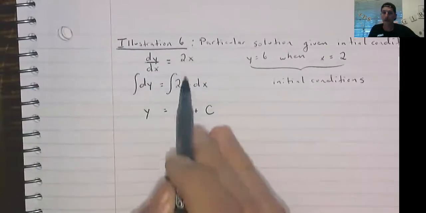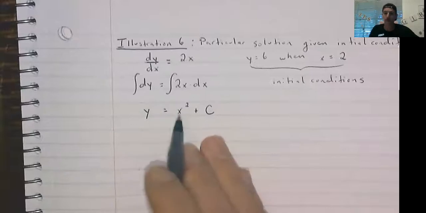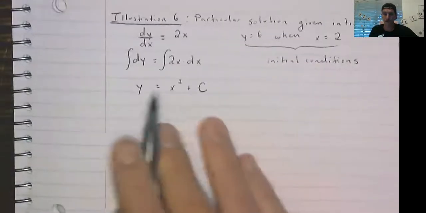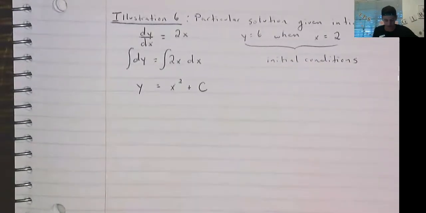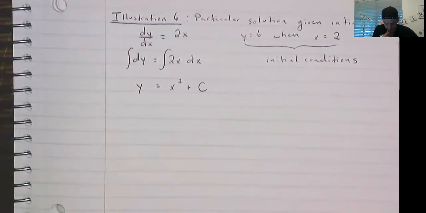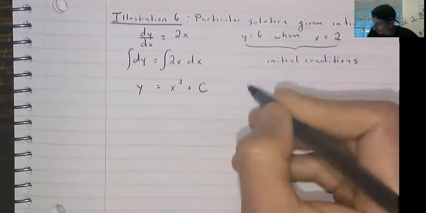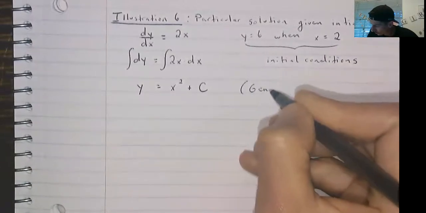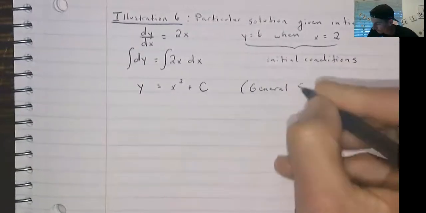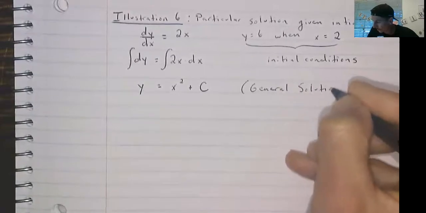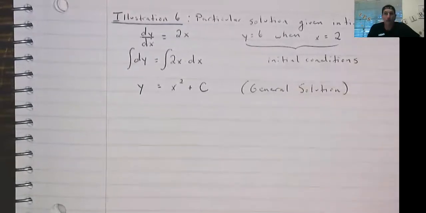We have that separation. We take the antiderivative, and we end up with this general solution here, that y is equal to x squared plus c. So this is our general solution, and this is where we've been stopping because that's all we could do.